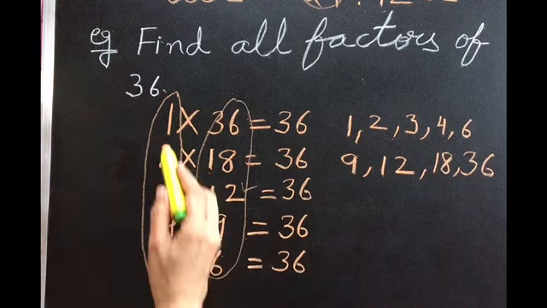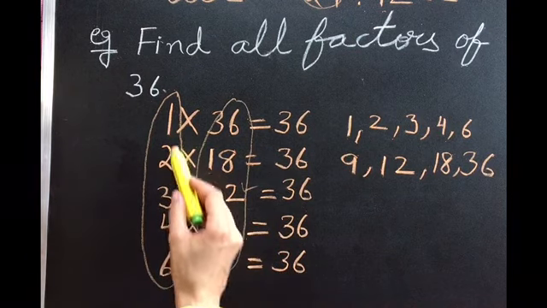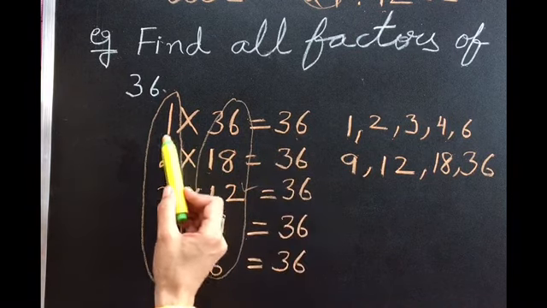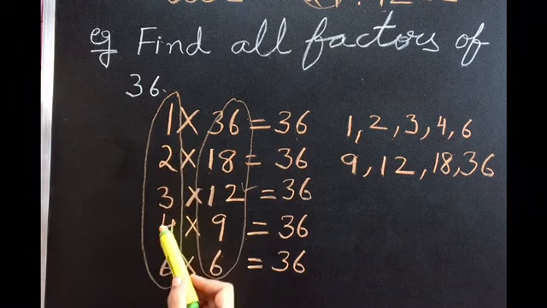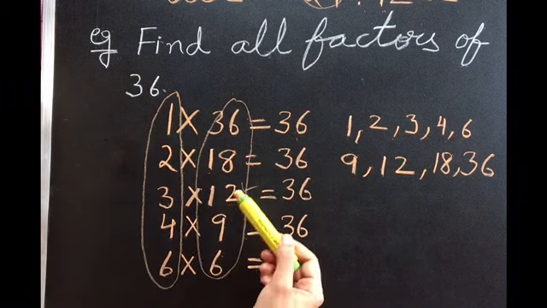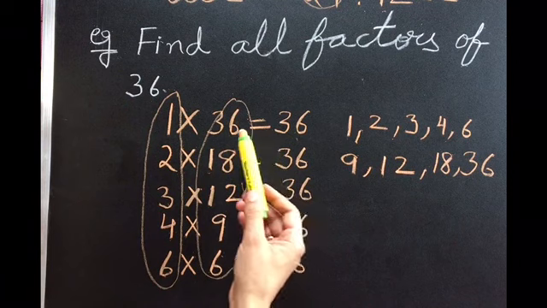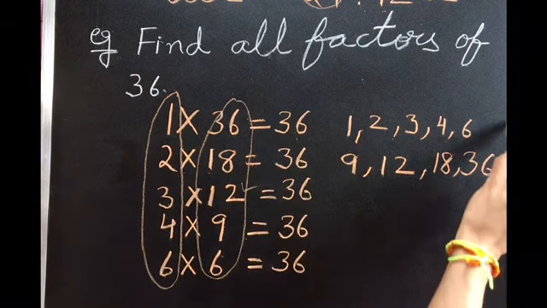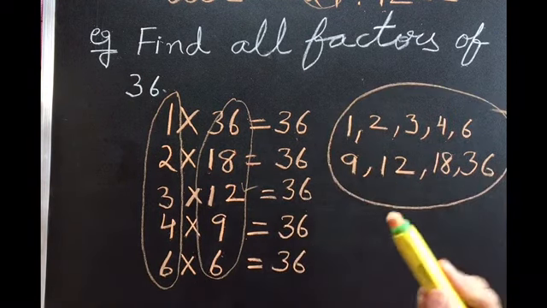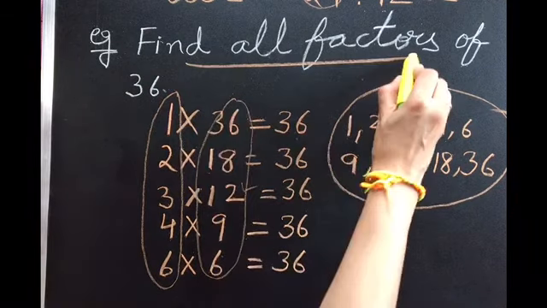Fine. So we have taken all these because this 36 can be divided by 1, 2, 3, 4, 6, then 9, 12, 18 and 36. So these are all the factors of 36.